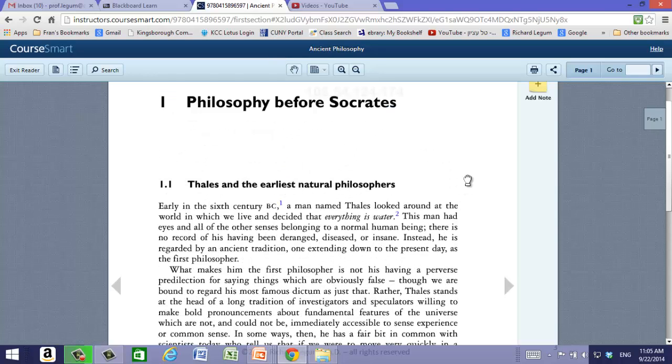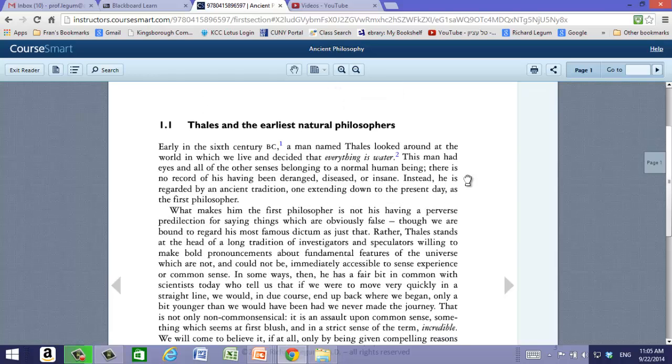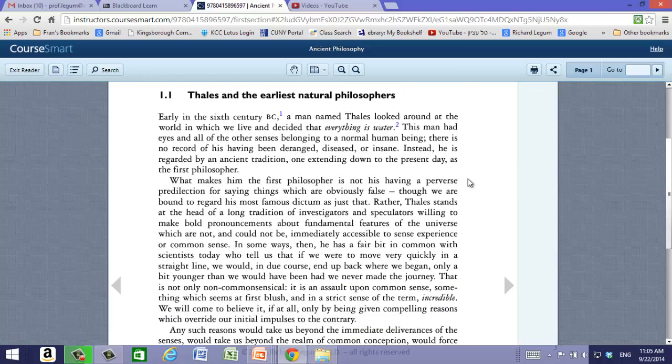And in fact, let's quickly jump over. Here's a copy in Course Smart. Remember, we're reading section 1.1, and in my slides I'm going to be summarizing the important points that Shields made. We went through a few things about how to read it: we have to read it pretty carefully and pretty slowly.